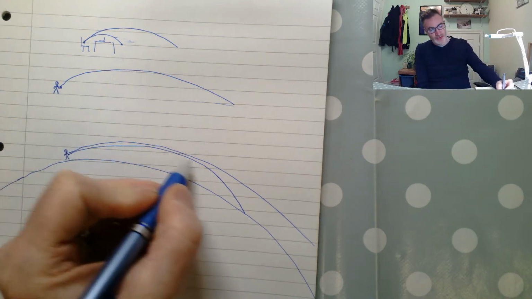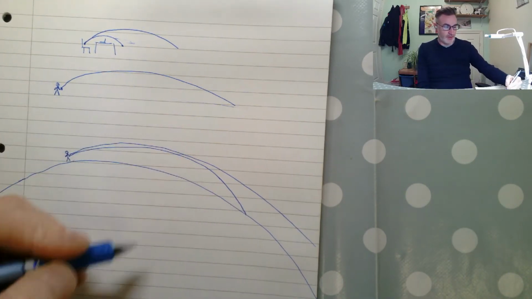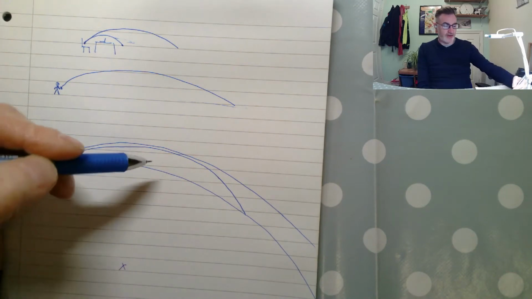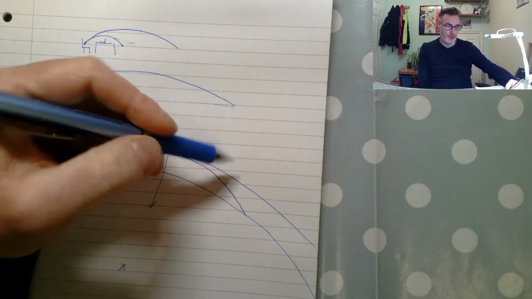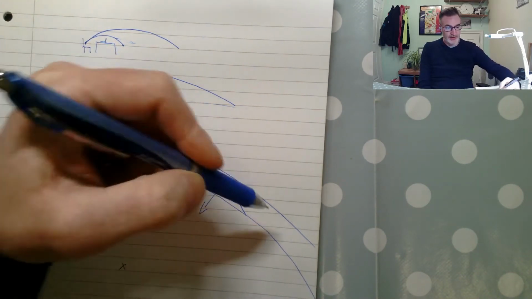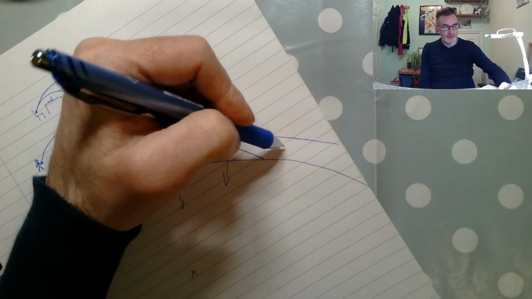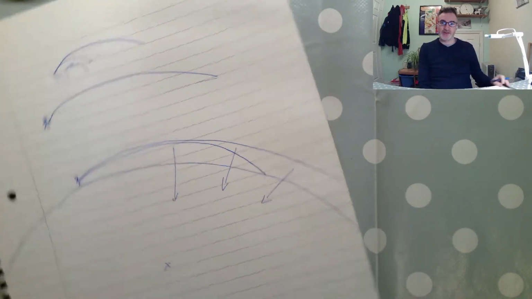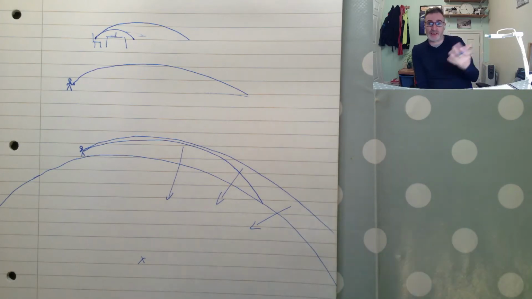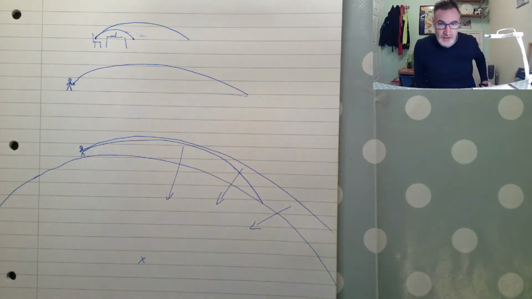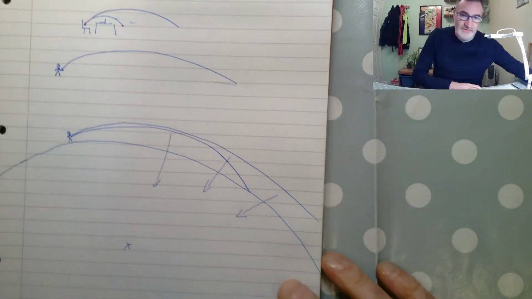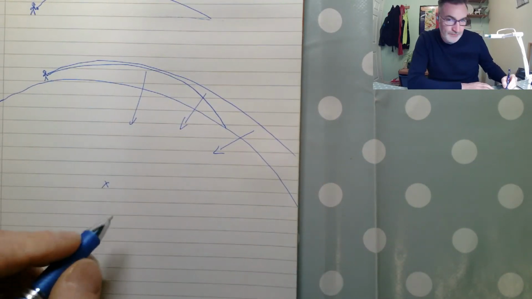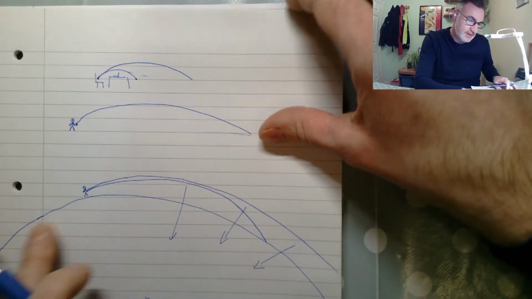So if it's moving with a constant horizontal velocity and it's always accelerating down towards the center of the earth at every point on its journey, it's a projectile. That's what projectiles do.